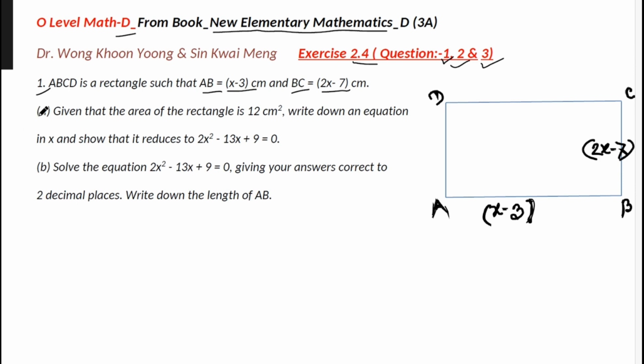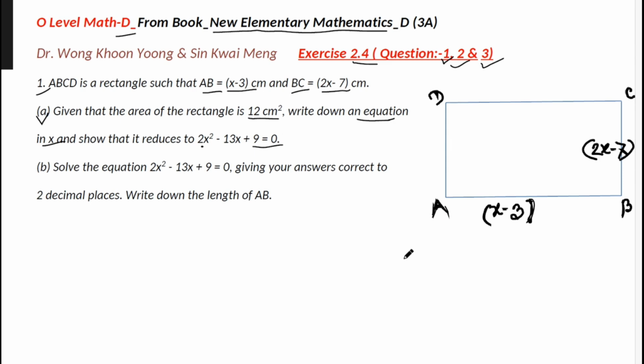So here question A asks if the area of the rectangle is 12 centimeter square, then we need to make an equation in x and reduce this equation to 2x square minus 13x plus 9 is equal to 0.